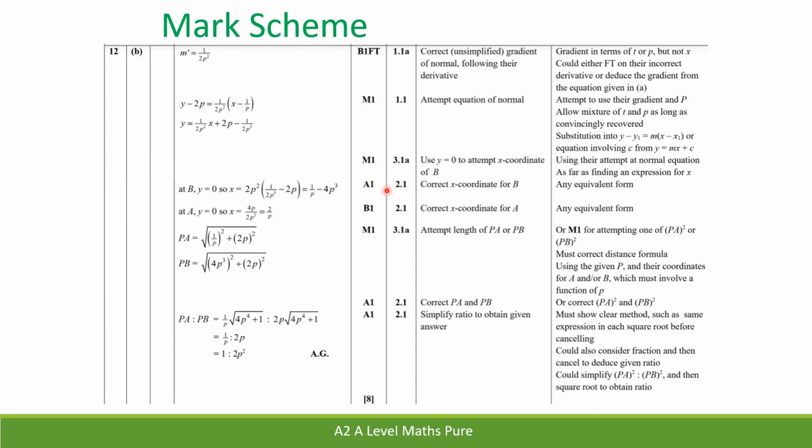A1 is an answer mark, so you must get to this stage here, or equivalent, to be able to get the answer mark. Again, this is a method mark depending on your values. So more method marks, and then there are 2 answer marks. Again, you've got the AG, which just tells the examiner that it is a show that question to get down to this answer. And this will give you 8 marks in the exam.